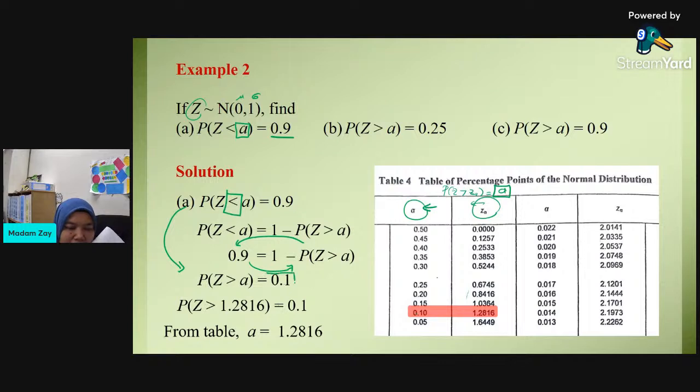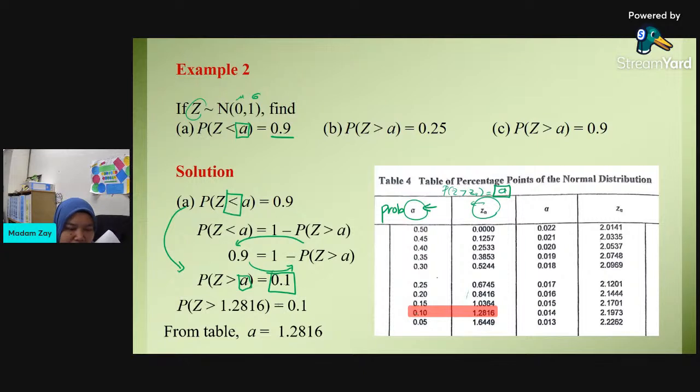Yes, A is the probability. So this is the probability, 0.1. Okay, Z is the value of Z. In the brackets is Z, because Z is greater than something, Z is less than something, right?